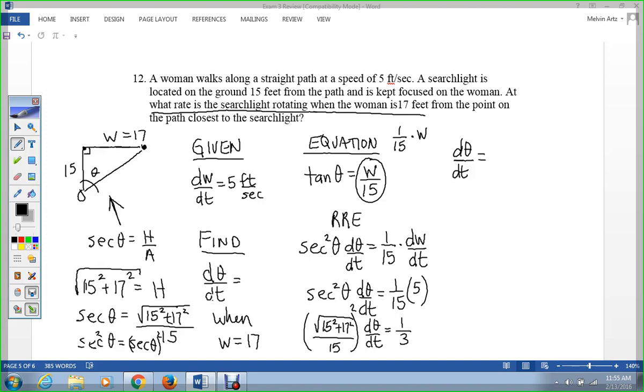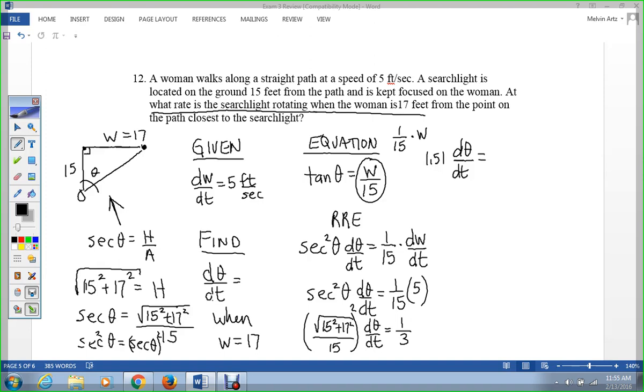And if we take the square root of that and then divide it by 15, we have 1.51.